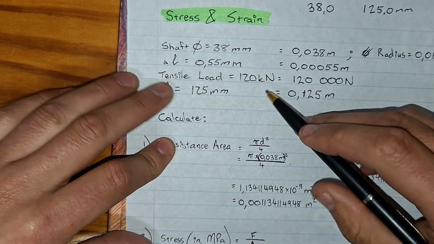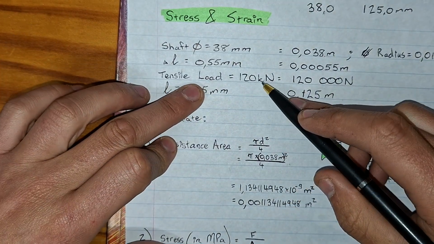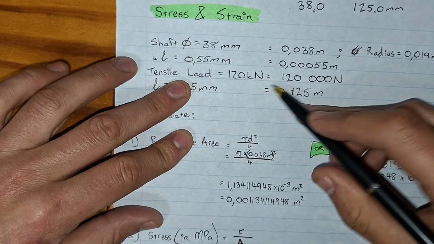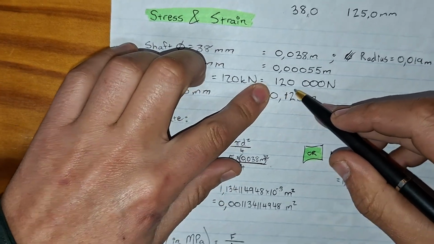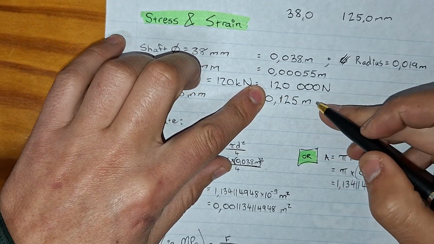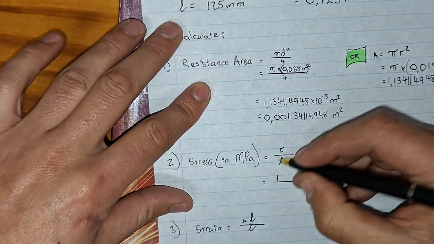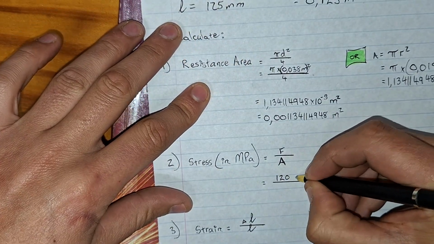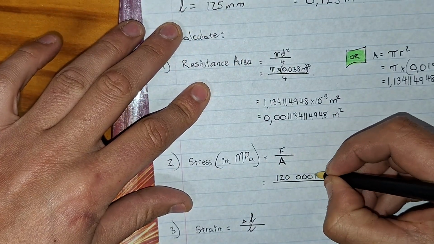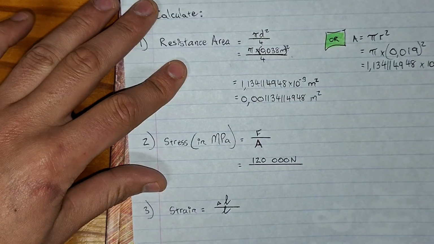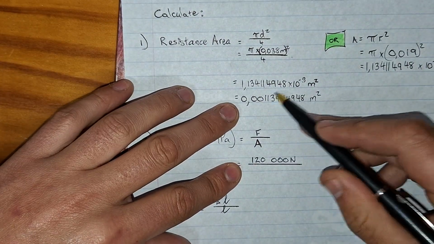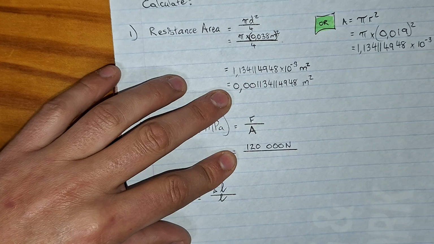The given value for force, which is the load, was given as 120 kilonewtons, but remember we have to work with the standard units, so it's 120,000 newtons. So over here we write down 120,000 newtons divided by the area, which was this value, any of these two values here.